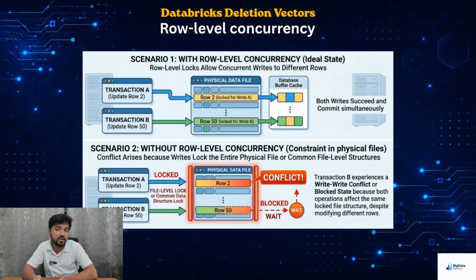Deletion vectors also support another important Databricks capability, row-level concurrency. Without row-level concurrency, two writers modifying different rows inside the same physical file may still conflict because both operations affect the same file. With supported row-level concurrency, Databricks can detect changes at the row level, allowing more concurrent operations that modify different rows in the same file.